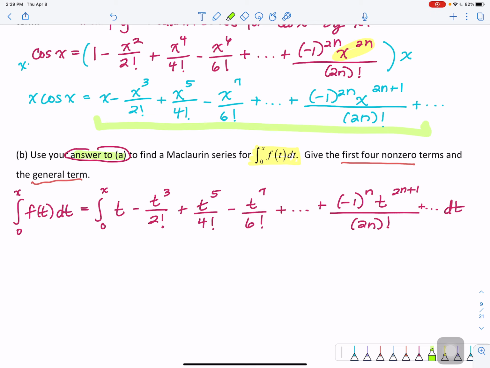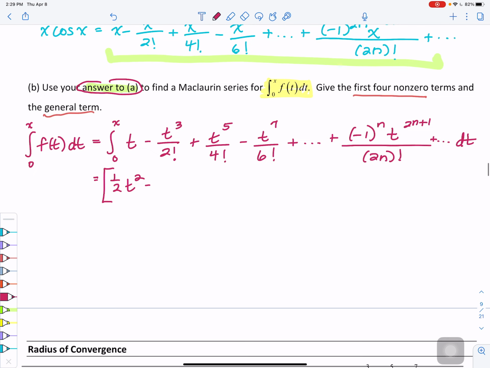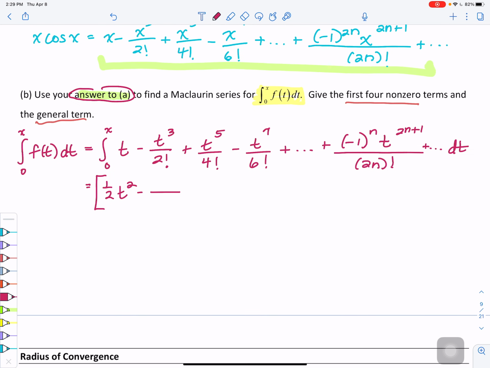So let's go ahead and integrate. When we integrate, we add 1 and divide. So we have 1/2 t squared, minus, and that 2 factorial stays in the denominator, okay? So we have 1/4 t to the 4th. So I have t to the 4th and 1/4 of it, plus add 1 and divide, minus add 1 and divide.